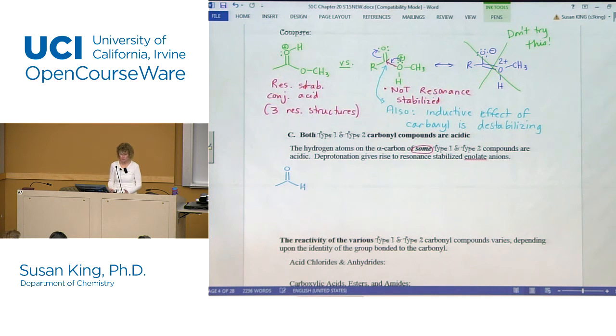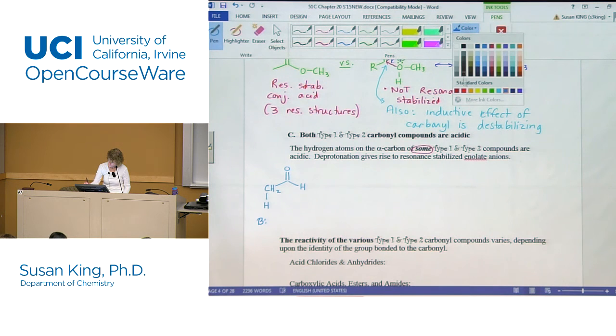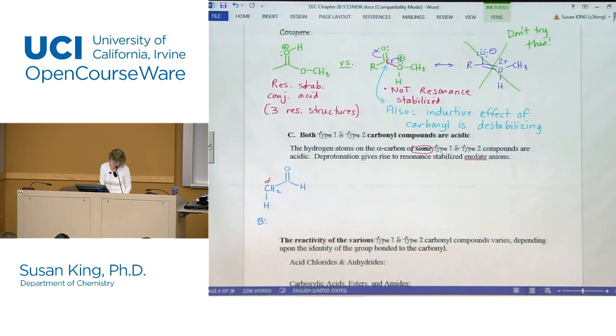When we get to the nomenclature podcast, you'll see that the carbon adjacent to a carbonyl is an alpha carbon. So let's label that. This is an alpha carbon right there, adjacent to the carbonyl. Base can come in and remove that alpha hydrogen.